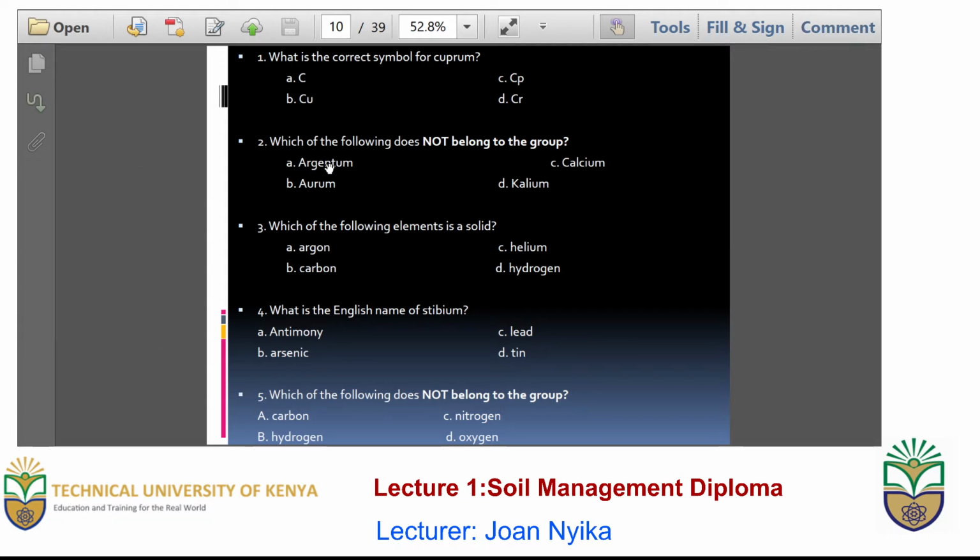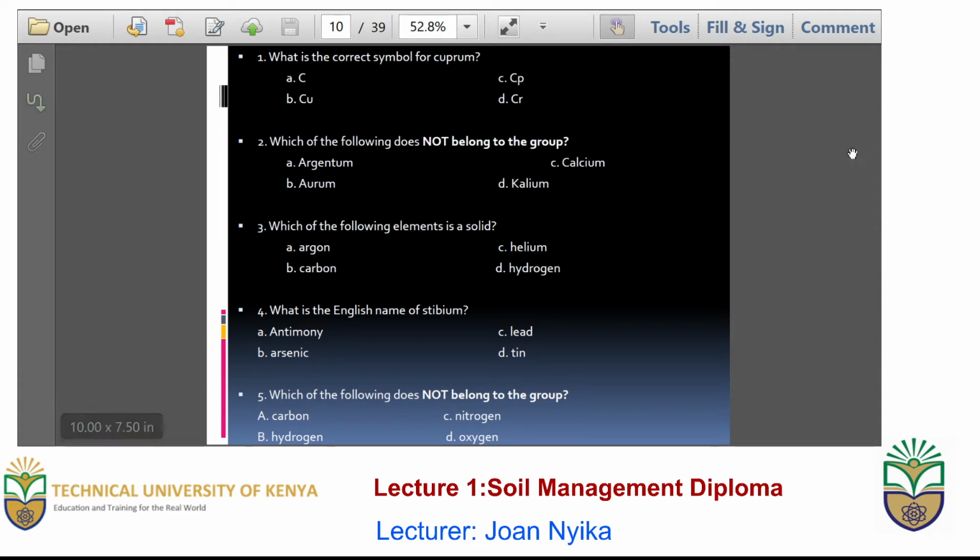Question number 2: which of the following does not belong to the group argentum, aurum, kalium, and calcium? I expect you to look at this on the basis of whether it is a Latin word that has been used, whether it is English, and whether we are supposed to use the first letter or the first two letters.